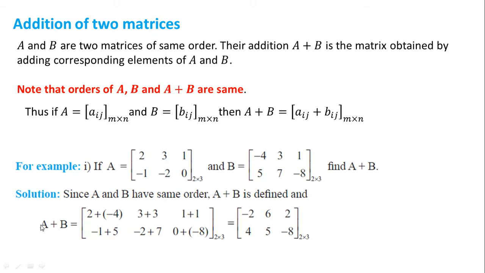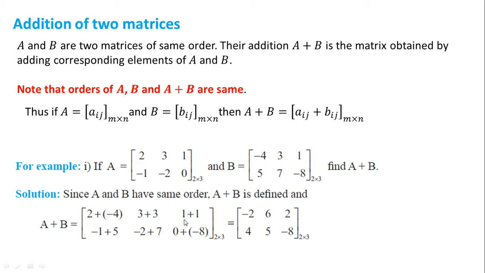So what is the procedure to get the matrix A plus B? Just add the corresponding elements. So 2 plus minus 4, then 3 plus 3, 1 plus 1, then minus 1 plus 5, minus 2 plus 7, and 0 plus minus 8.